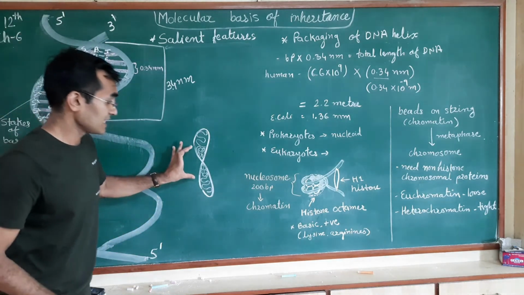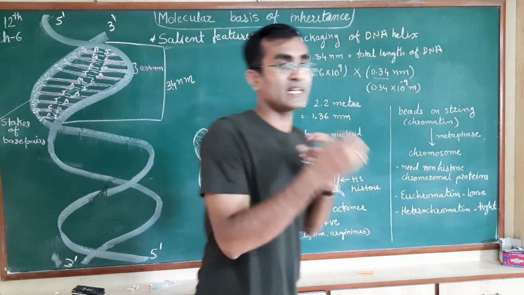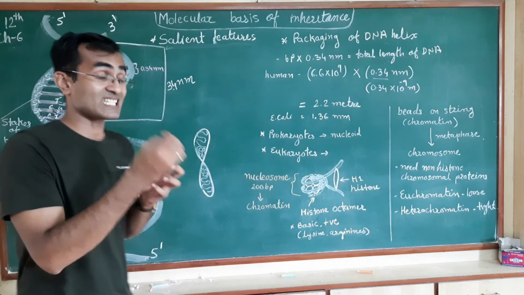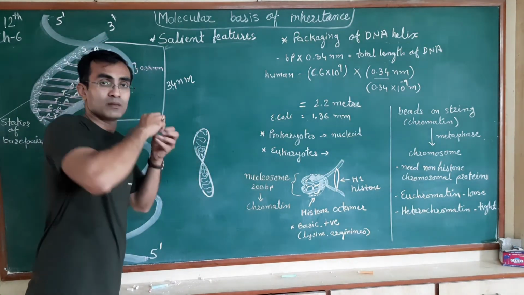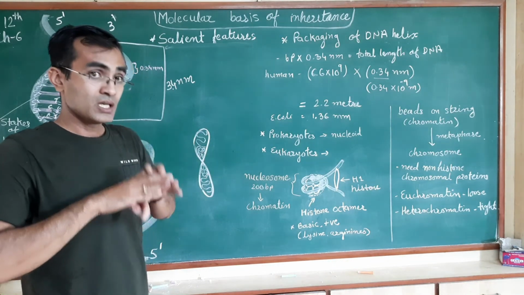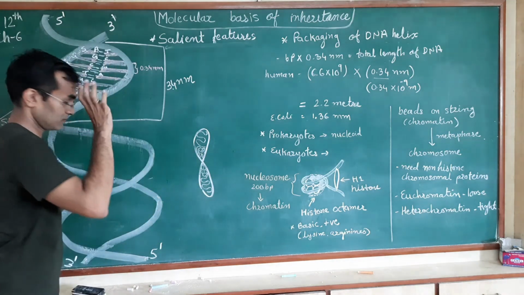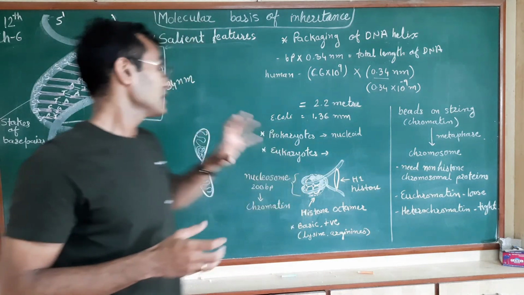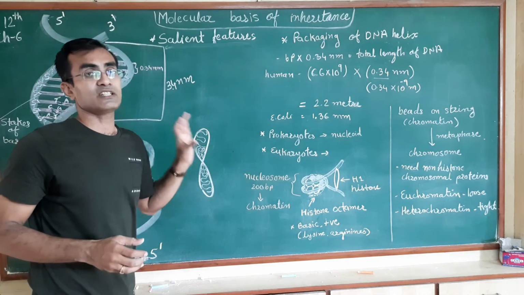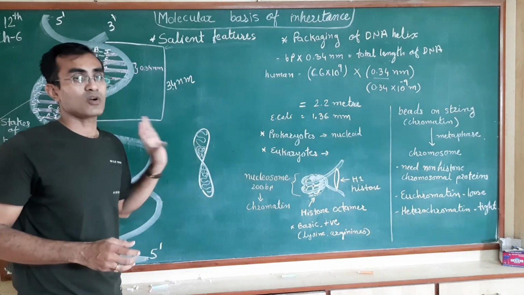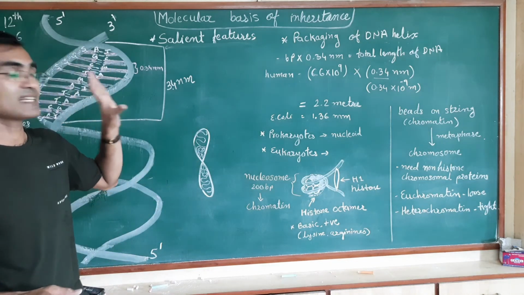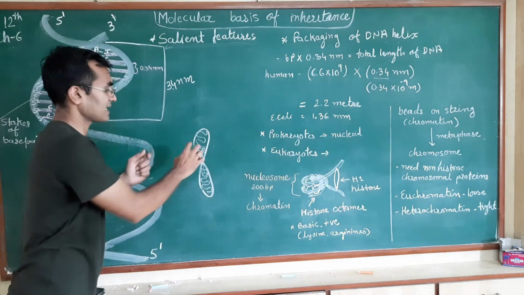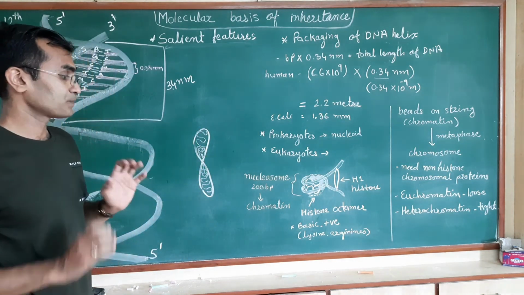If it is tightly packed, then it will be very hard for the machinery involved in transcription to find the open strand to bind with. So heterochromatin is known as the transcriptionally inactive region of the chromosome, whereas euchromatin is a transcriptionally active region. Euchromatin is loosely packed, whereas heterochromatin is tightly packed.